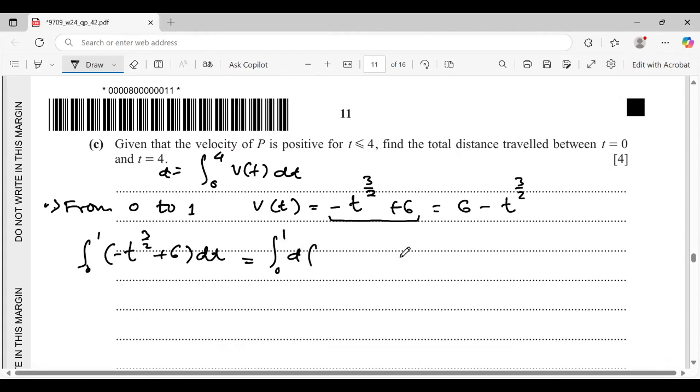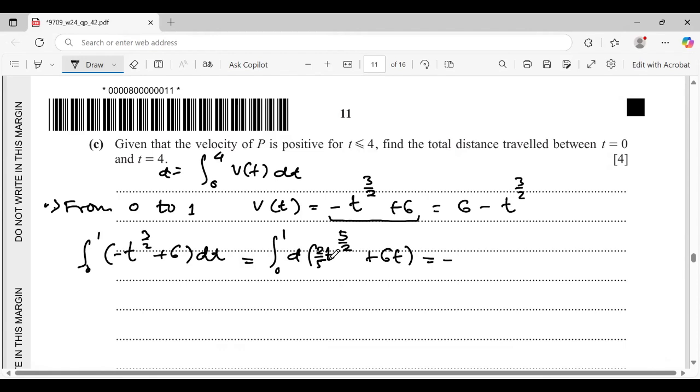The integral of this expression is minus 2/5 t to the power 5/2 plus 6t. Now substitute 1 and 0. But I would like to only substitute 1, because if 0, all of this becomes 0.